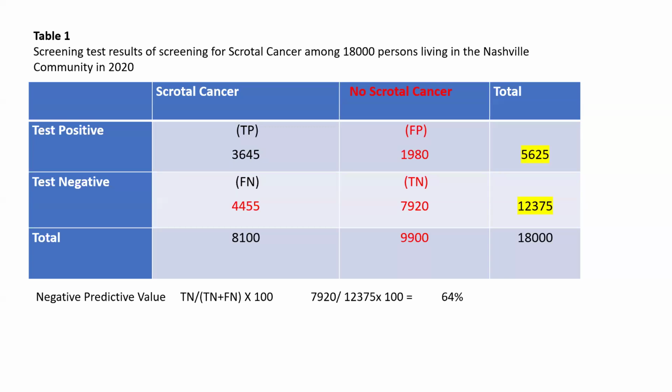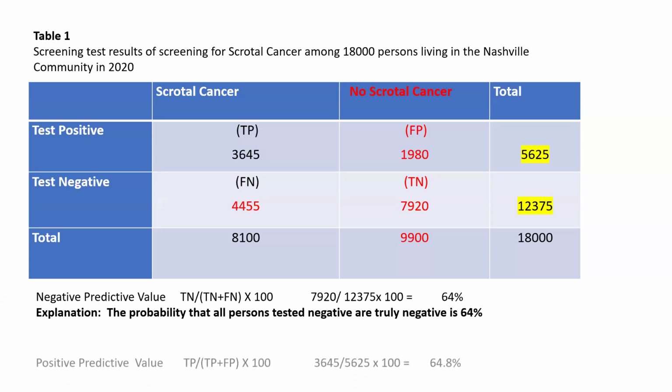But what does that really mean to someone who would have seen this result? What it really means is the probability that persons tested in this time who tested negative would have been truly negative, and this is giving you a probability of 64%. So it's a 64% chance that if you're negative, you're really truly negative.